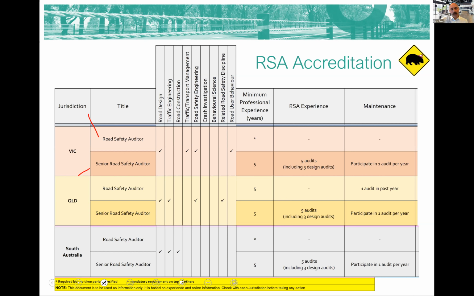But Austroads is working on a project to try to harmonize this, but it's the most parochial thing you'll ever see, like states fighting with each other about what do auditors need, and what do you need to do to step up from road safety auditor to senior auditor, and no, we have 3 levels of auditors, and it's all fun and games really. So let me take you through the specifics of Victoria.